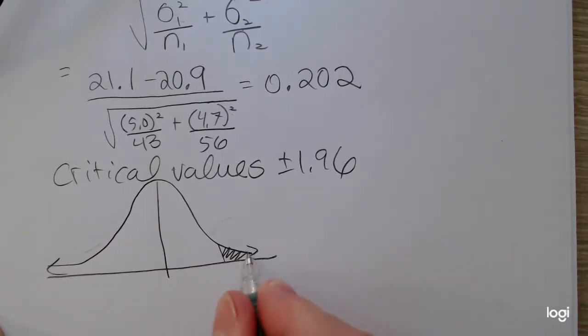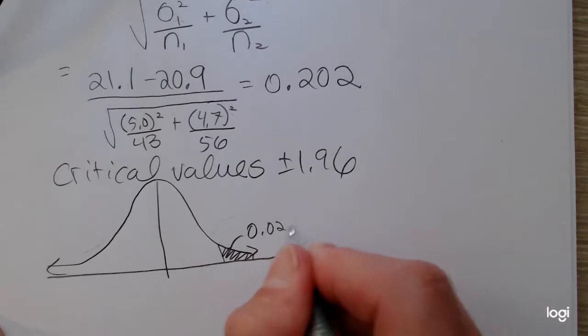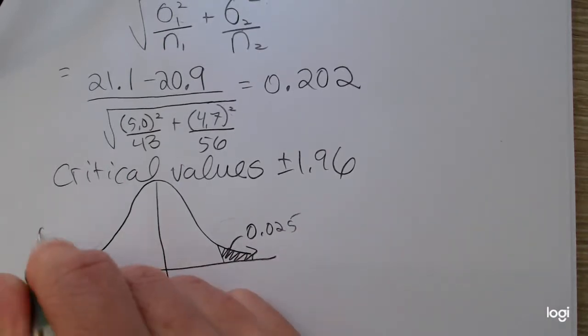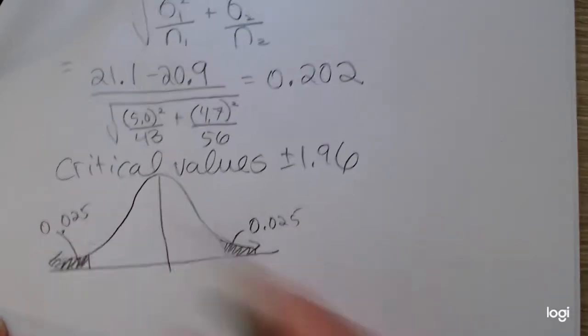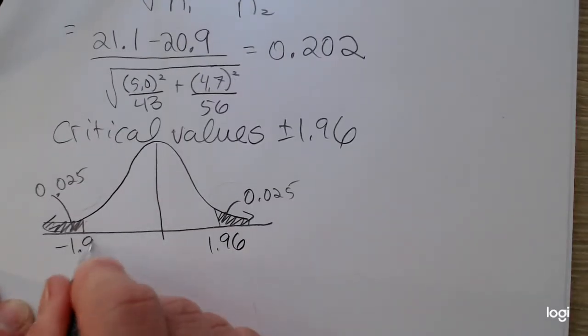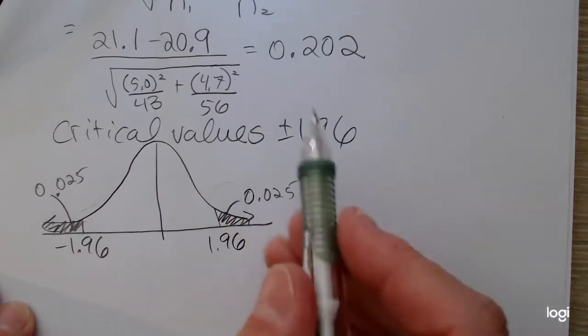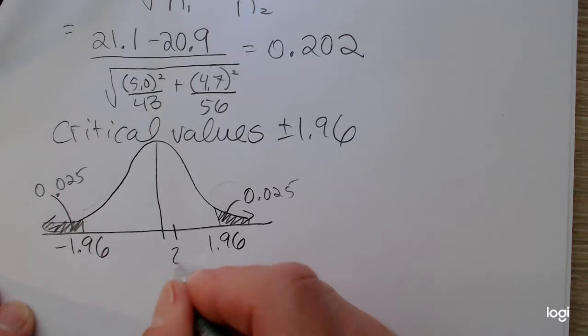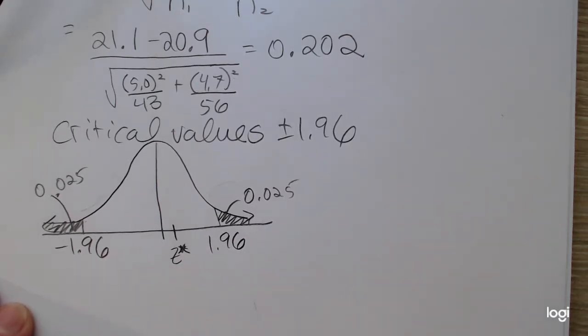Okay, in other words, I've got 0.025 amount of area in each of these tails. Sorry, being a little sloppy here. So positive 1.96, negative 1.96. Our standardized test statistic is nowhere near the area of rejection.